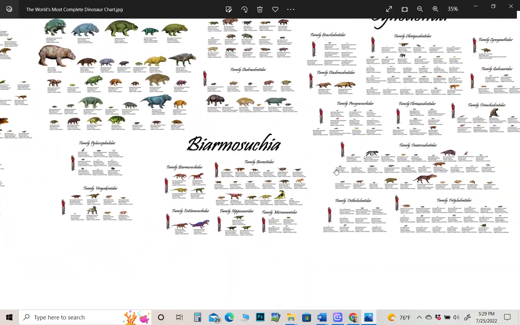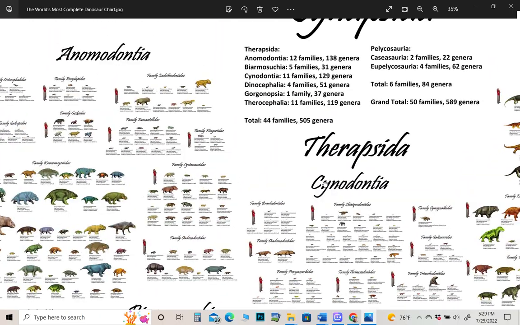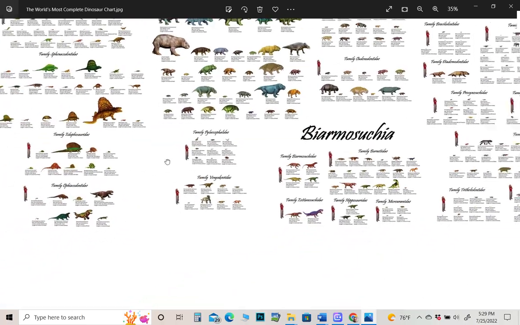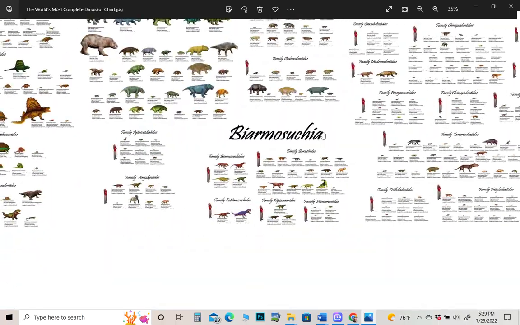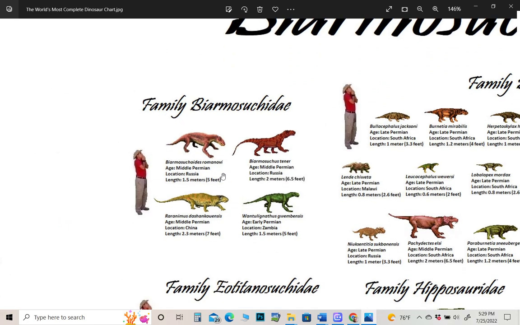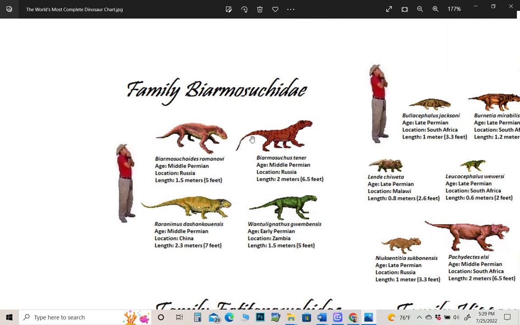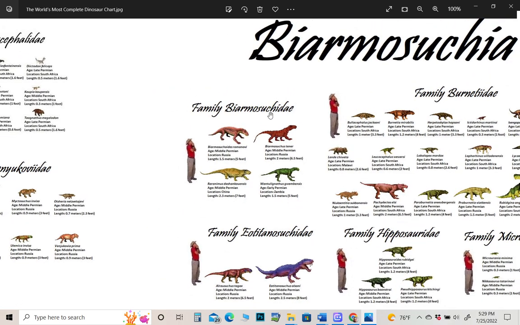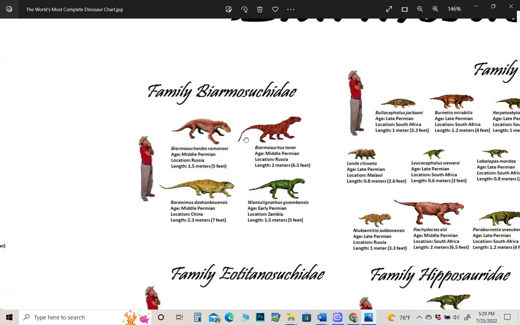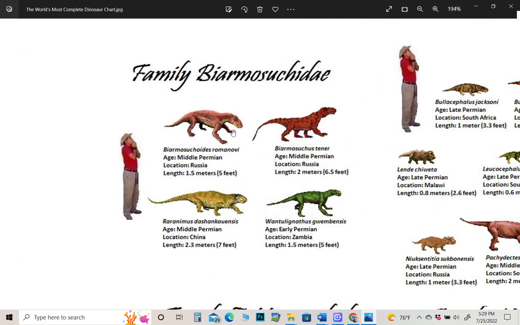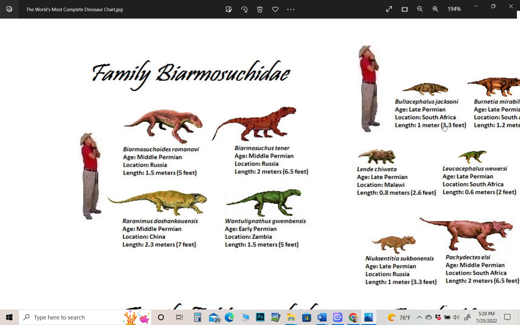The smallest one comes next, which is the Biarmosuchians. Only 31 genera rather than 138 genera. Okay, start with the Biarmosuchids: Biarmosuchoids, Biarmosuchus, Raranimus, Tulignathus.